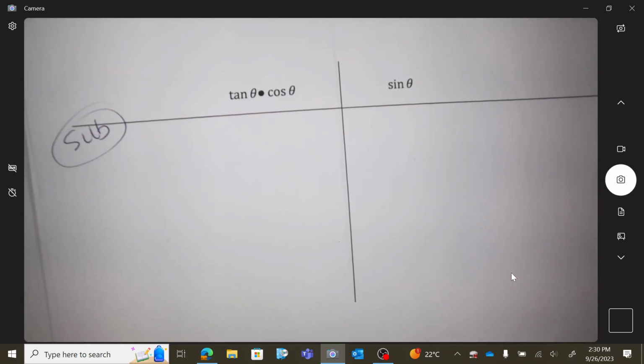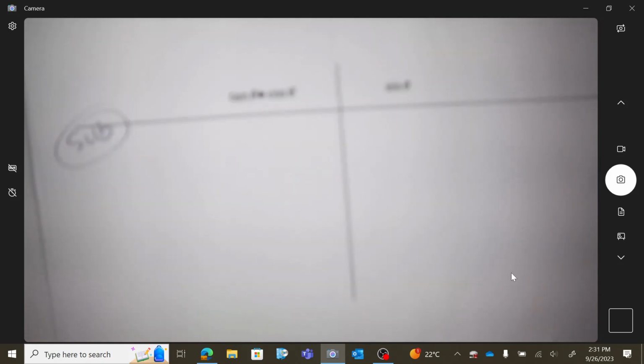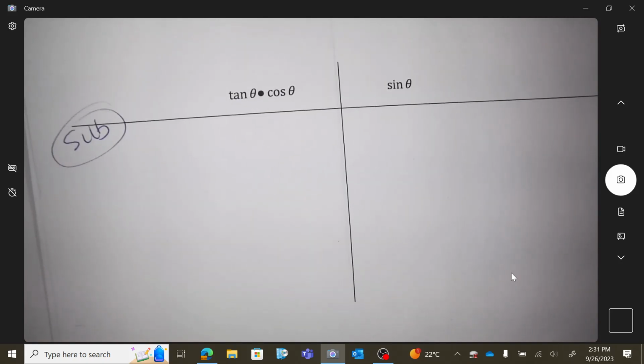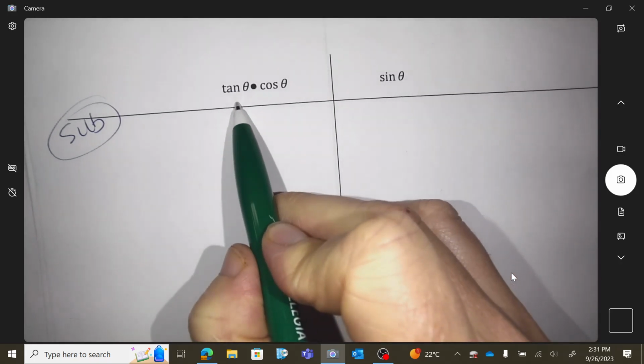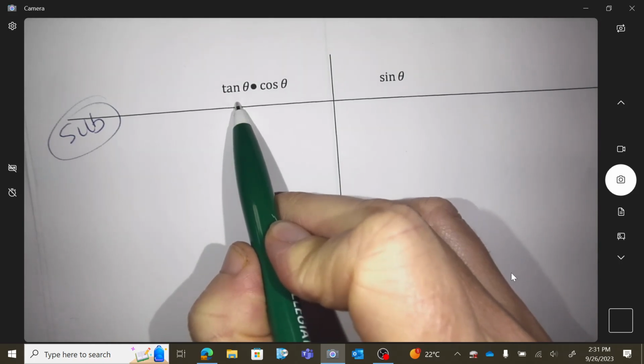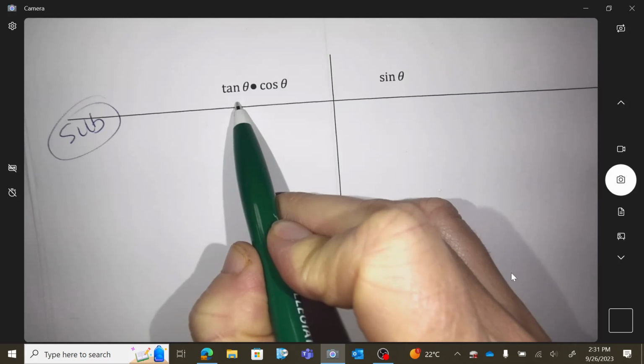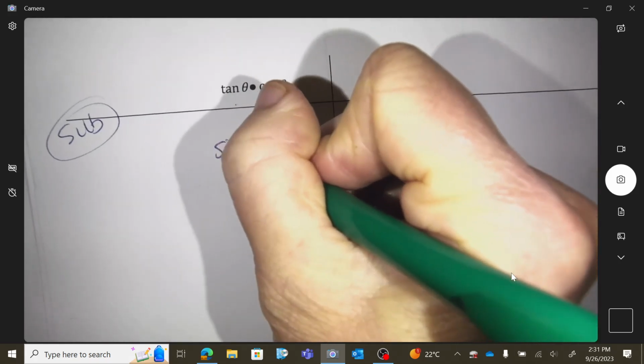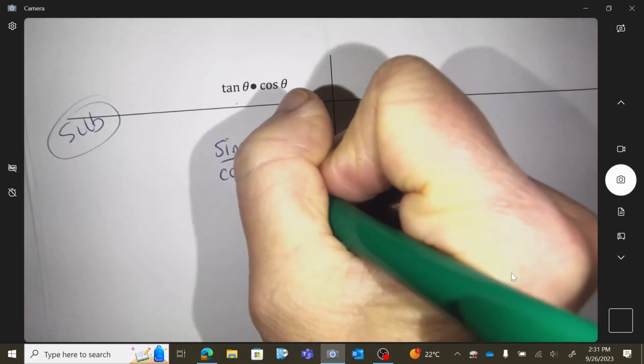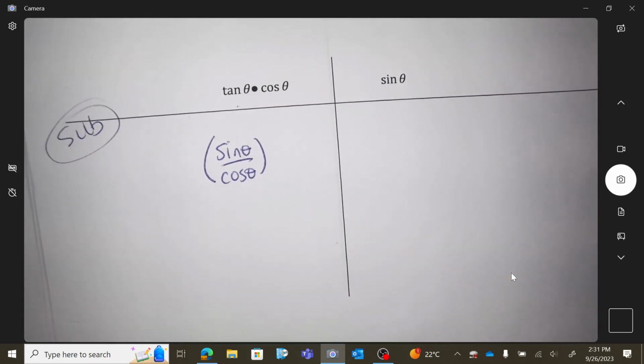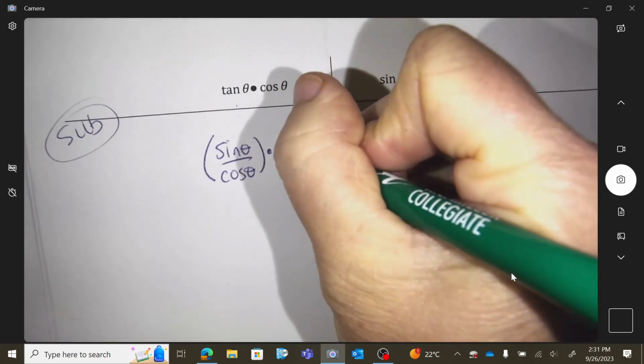Do you see anything you could make a replacement for on this? I can replace tan theta. What is the same trig ratio as tan theta? Sine theta over cos theta. So there's my replacement, times cos theta.